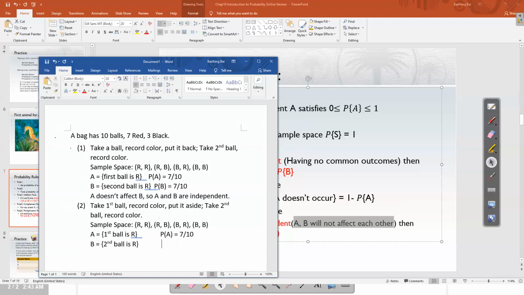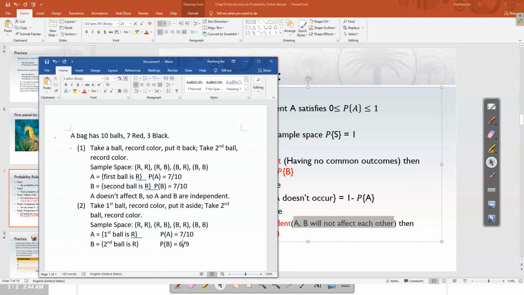Then what's the probability of B now? So when you take the second ball, how many balls are in the bag? We have 9, right? Then how many balls are red out of the 9 balls left in the bag?